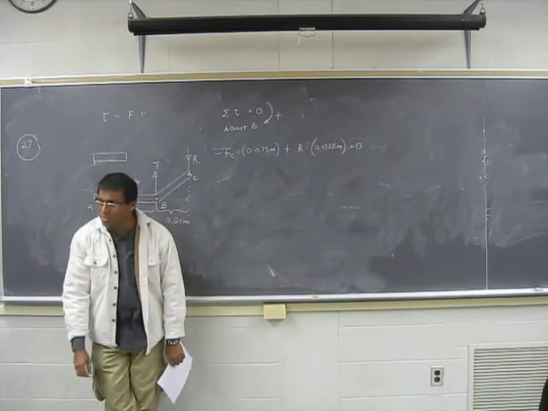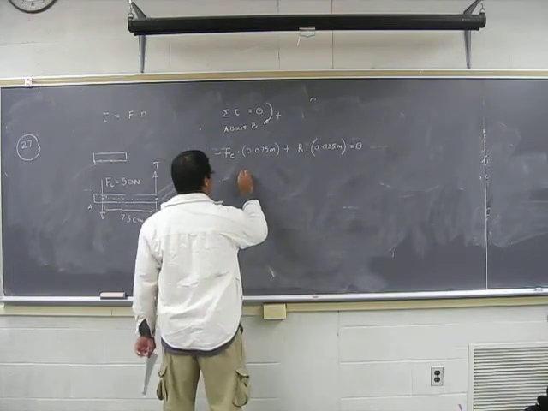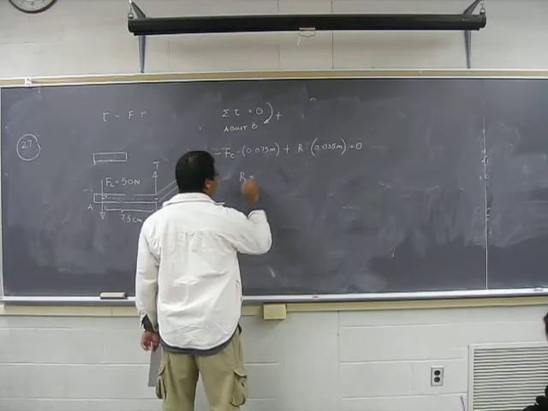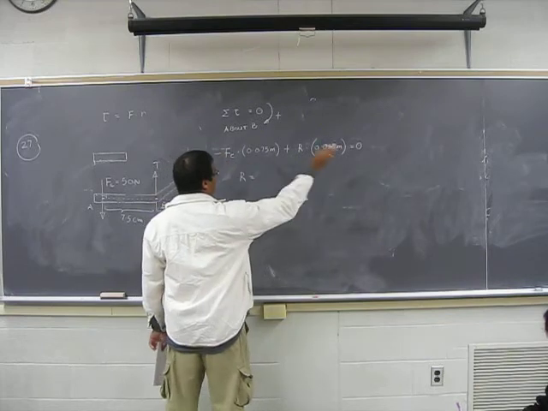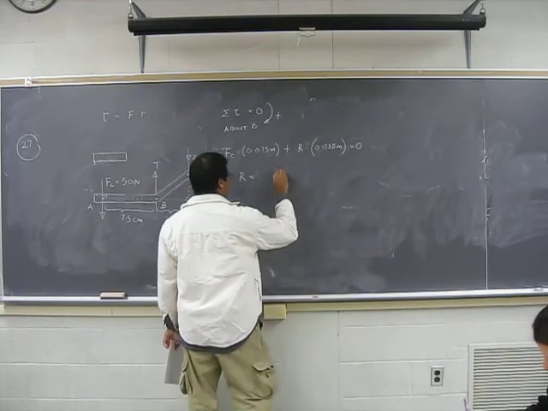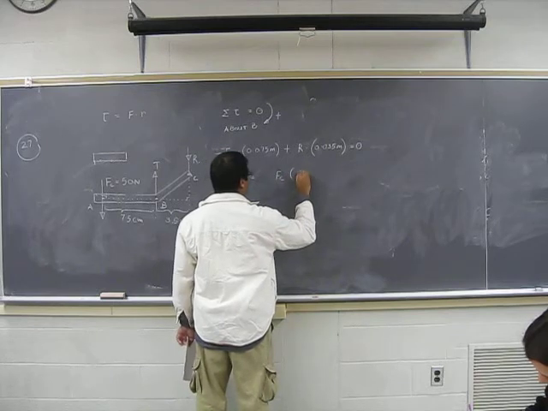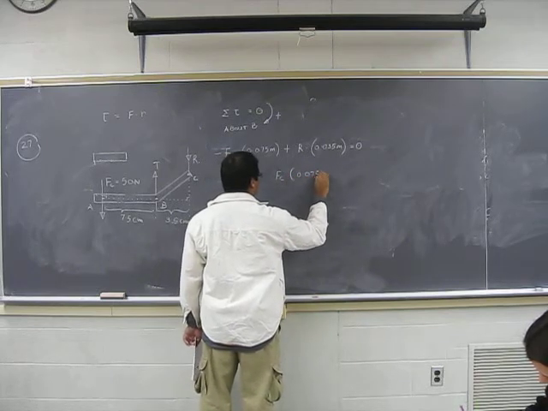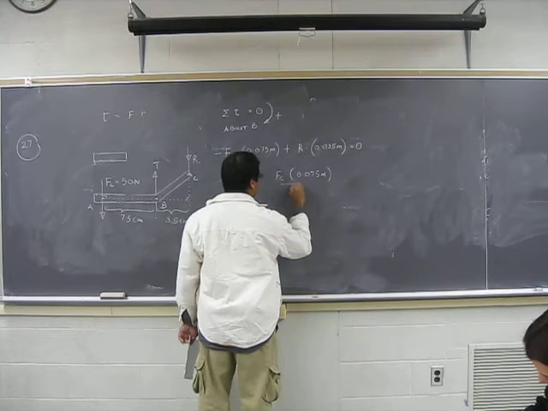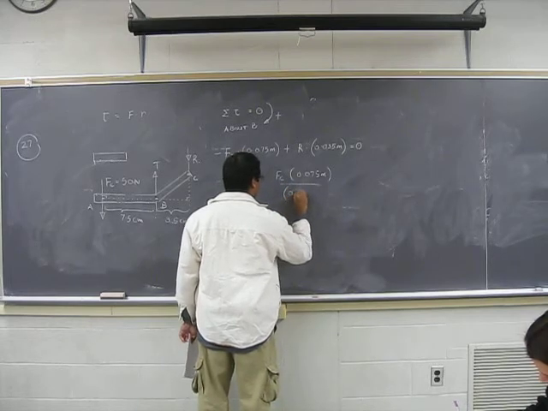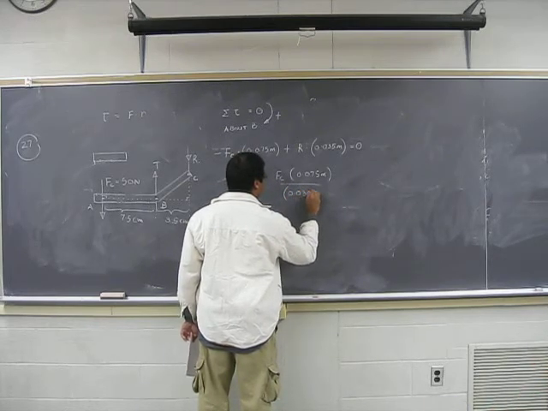R, because Fc is known, right? So I'm going to isolate R. I'm going to take all of that into the other side. I have Fc times 0.075 meters divided by 0.035 meters.